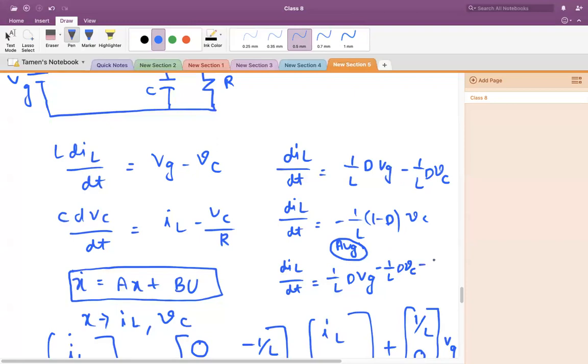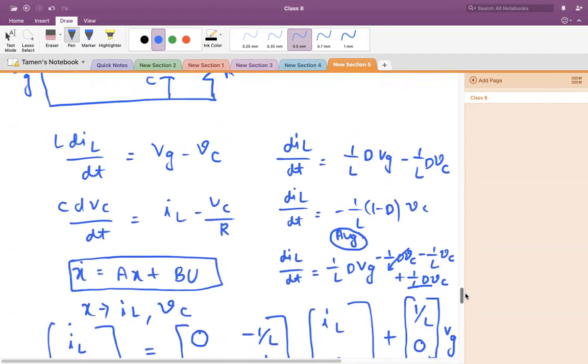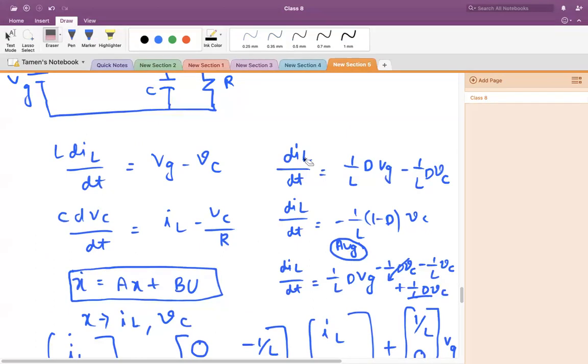Now this minus 1 by L VC, this minus minus plus 1 by L D into VC. So this minus and this plus, these two will be cancelled. Now only this and this are left. This is what I mean by the averaging part.